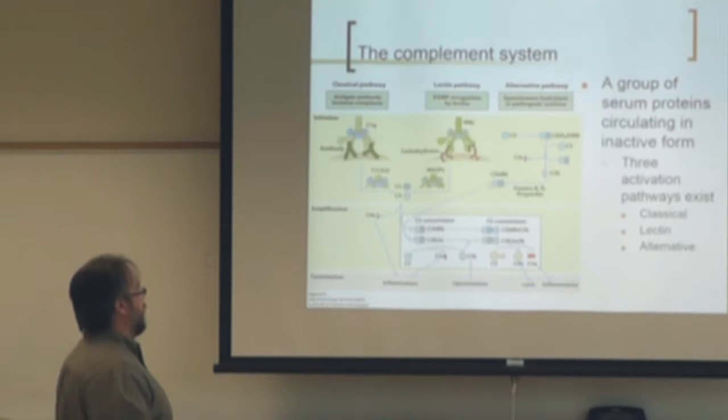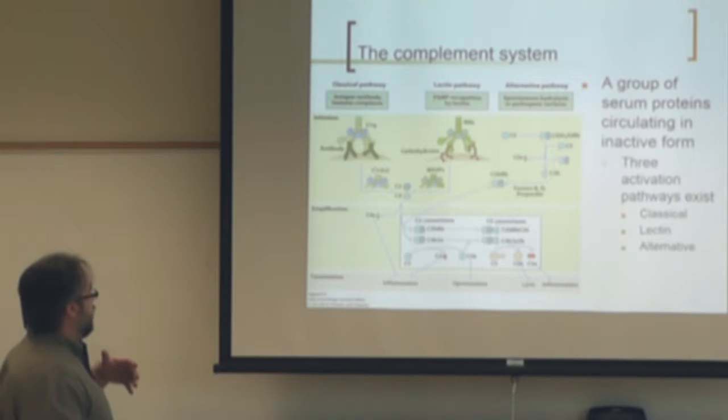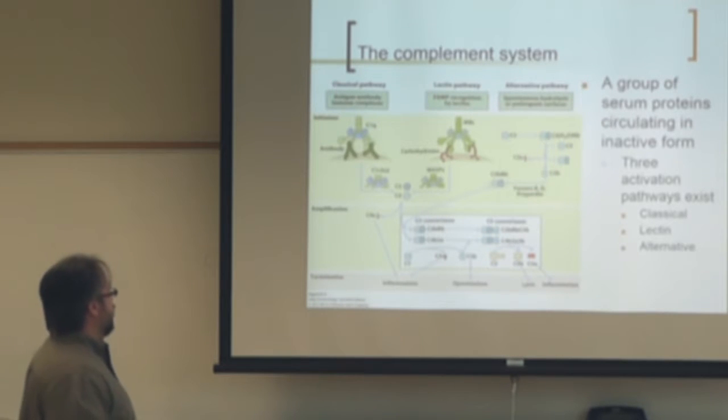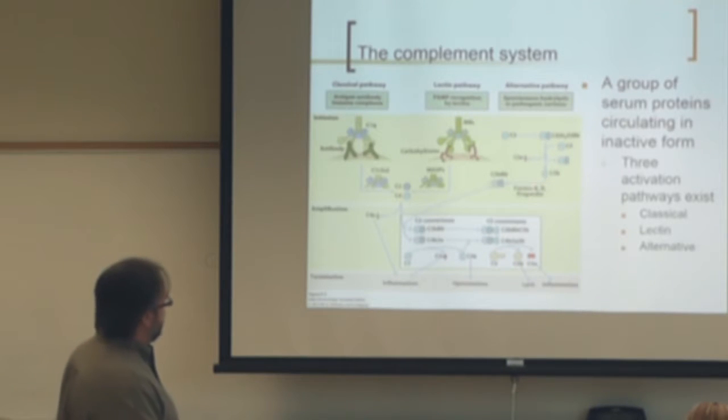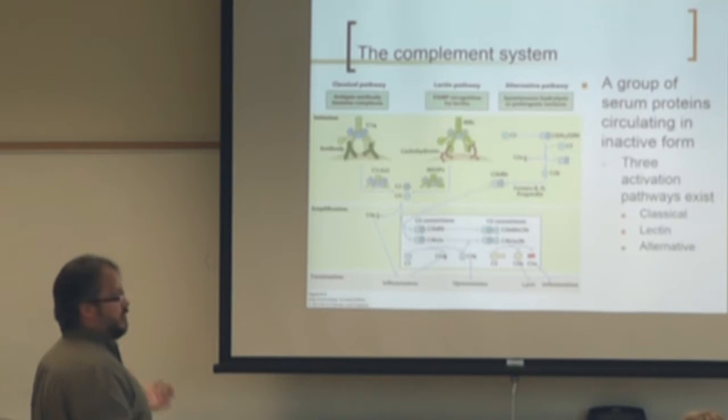Now, this has a very quick half-life. It's not going to stay stable unless it binds to another molecule called properdin, however you want to pronounce that. That will stabilize it. Properdin, much like MBL, has specificity to pathogen cells as opposed to our cells.